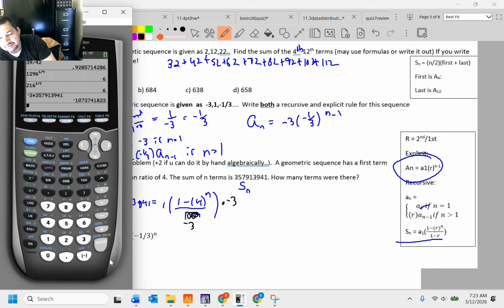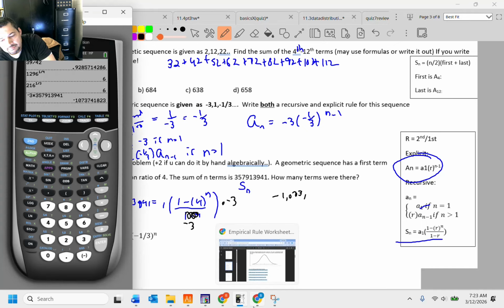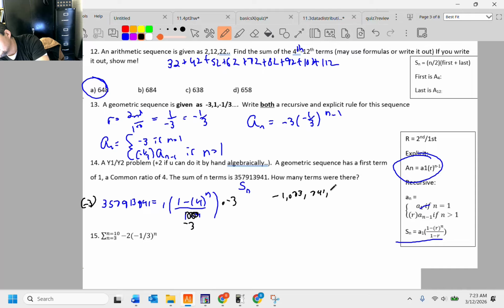357,913,941 is that number, a billion and some change, right? Yeah. So -1,073,741,823 is now equal to this, 1 minus 4 to the n.